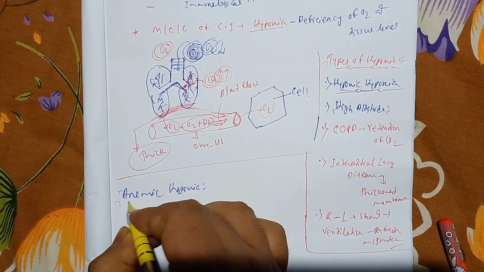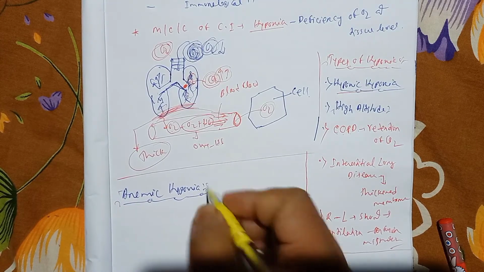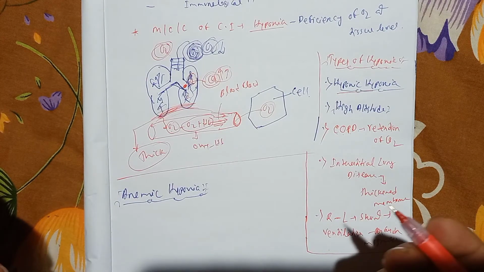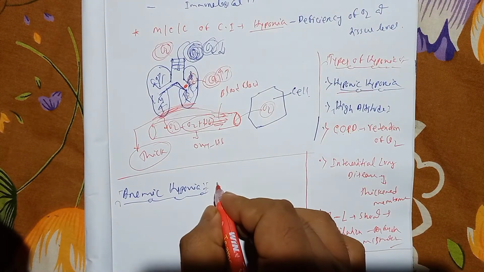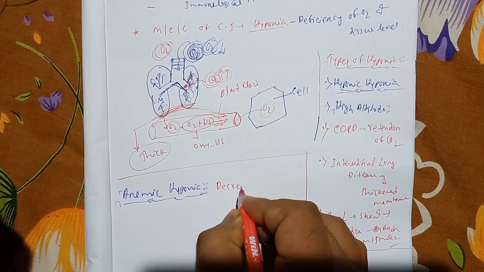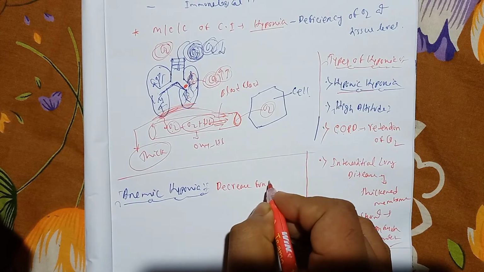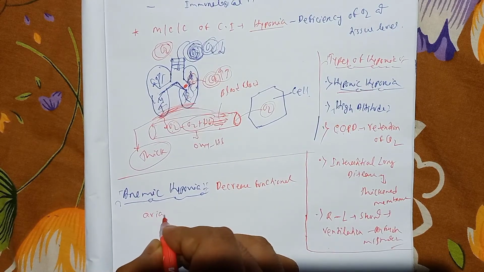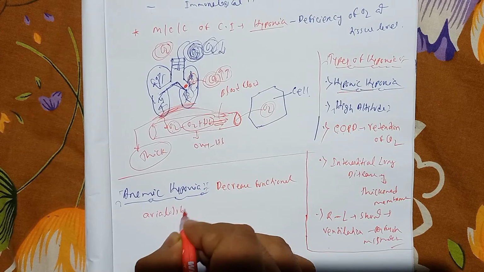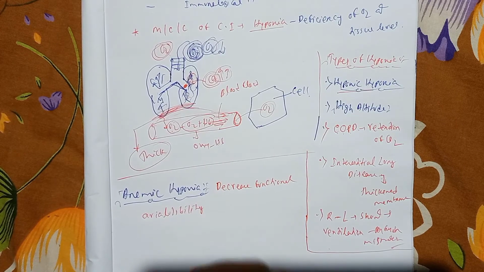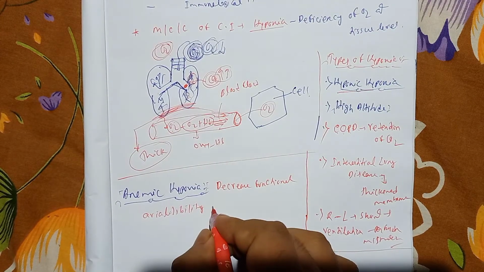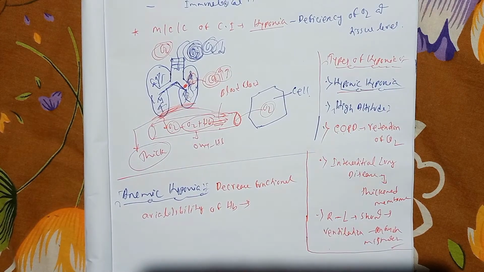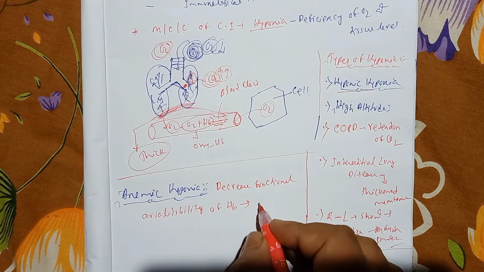But in the scientific sense, in medical terms, anemic hypoxia means whenever there is decreased functional availability of hemoglobin, that will ultimately lead to less functional RBCs or red mass.